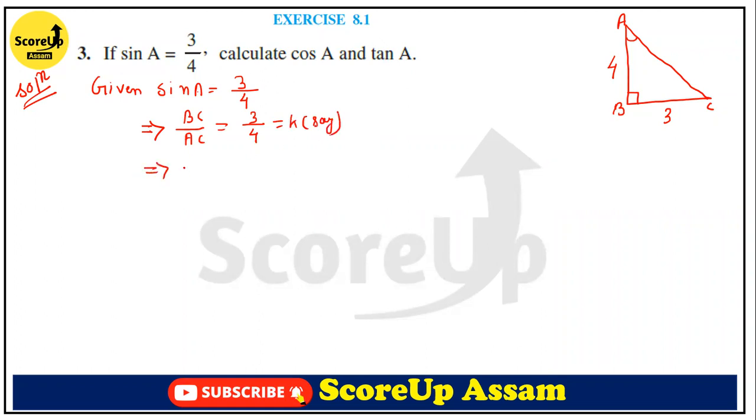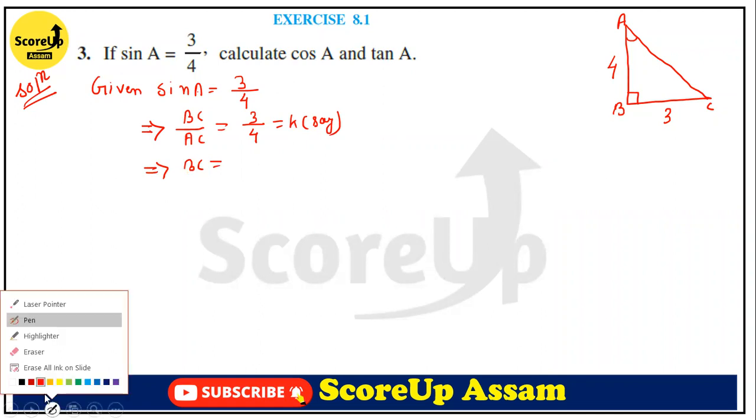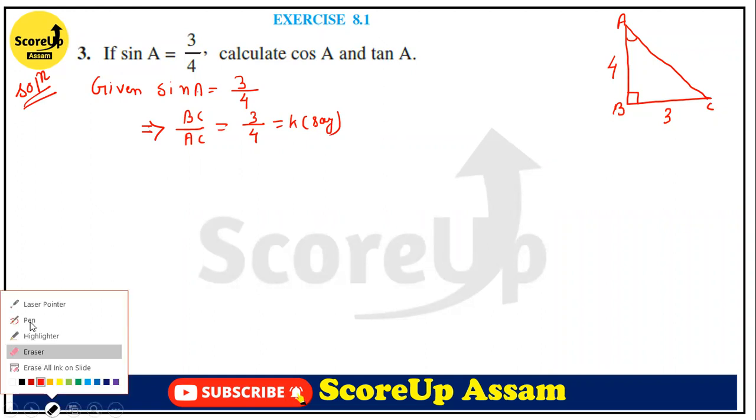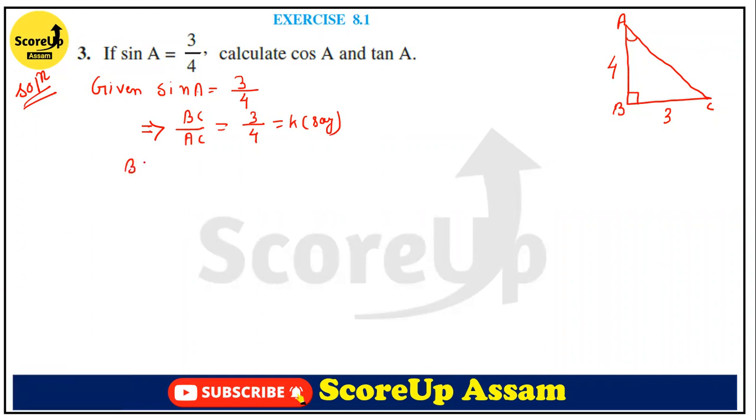That means BC is equal to 3K and AC is equal to 4K. Now we need to find the AB.